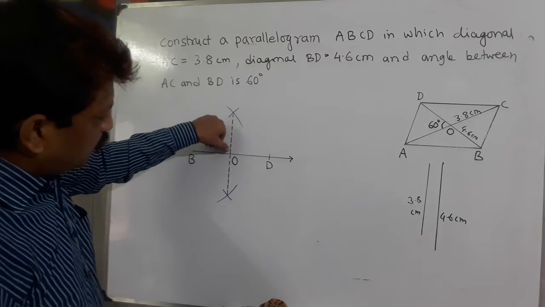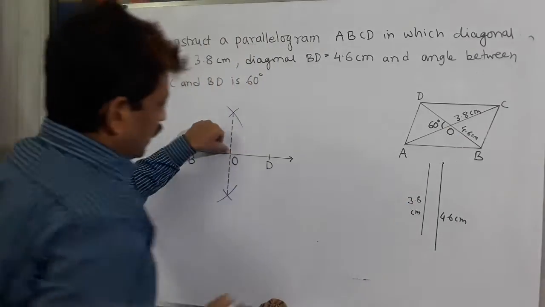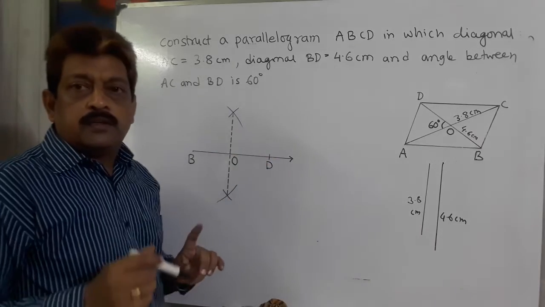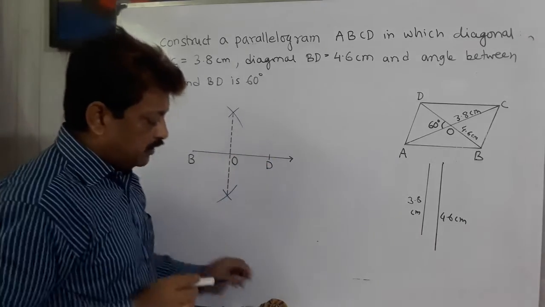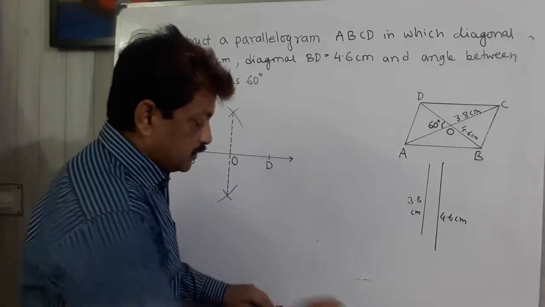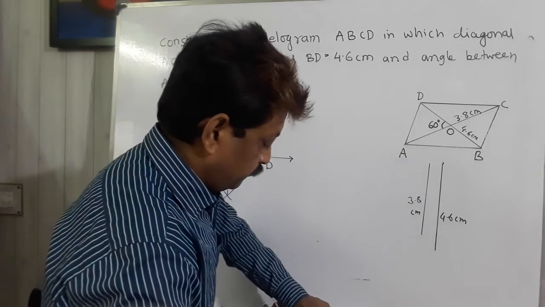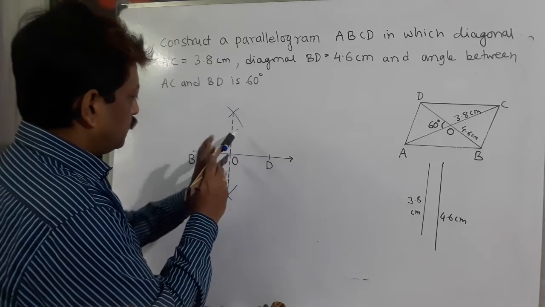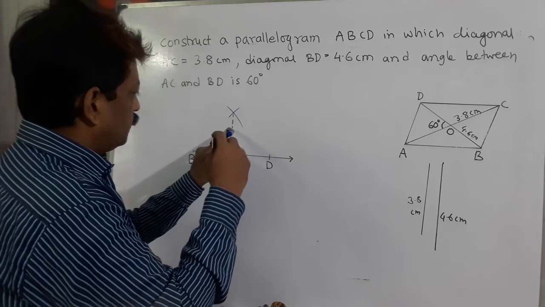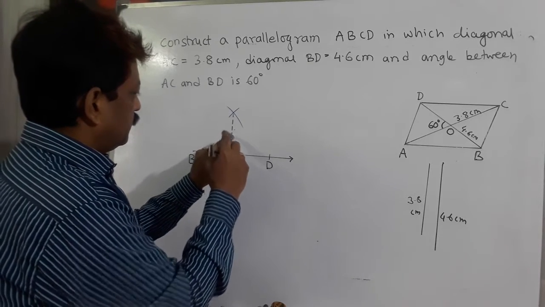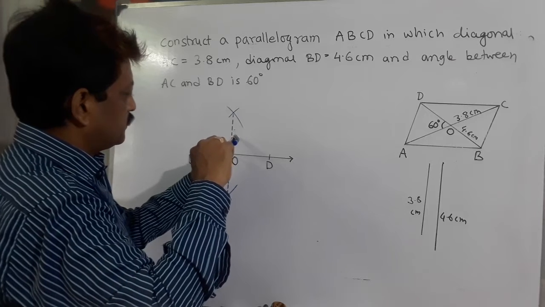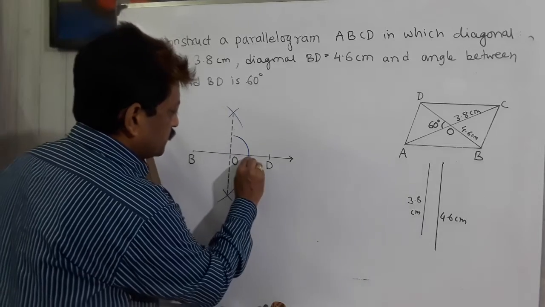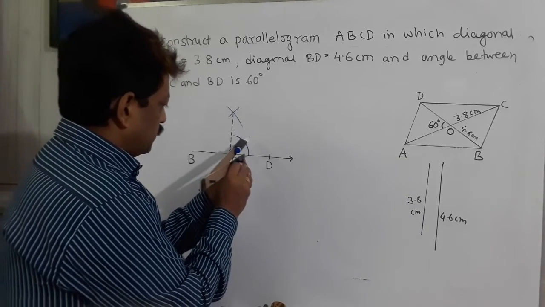Okay. Now from O I have to draw 60 degree because the other diagonal, that is AC, makes 60 degree angle with the diagonal BD. So first of all 60, placing the compass at O, let me draw an arc of any radius, and then with the same radius I have to cut this arc.